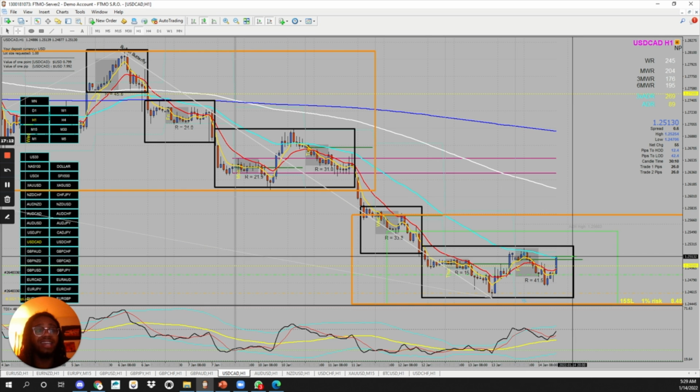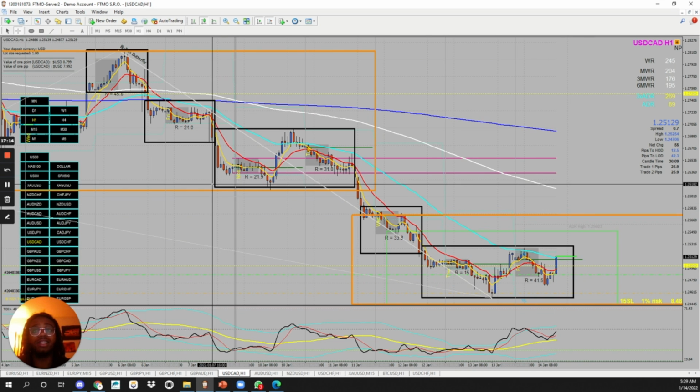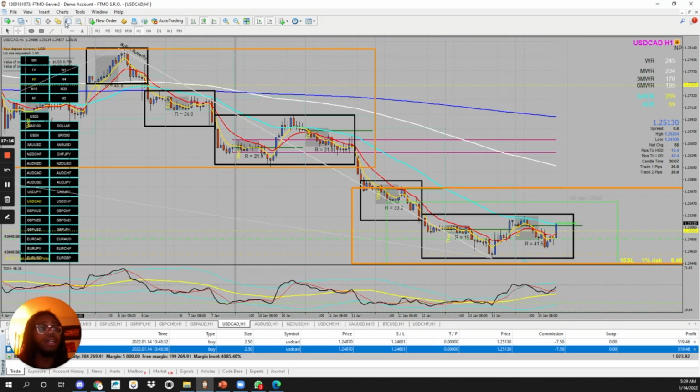So this may be a good time to actually just book some profits and get out of the market, to be honest. But as you can see, I'm currently in profit, about $1,000. I risked about 0.5%. I know it says 1%, but I did 1.5%, and I may take another position once I get a 1 hour confirmation to continue long.